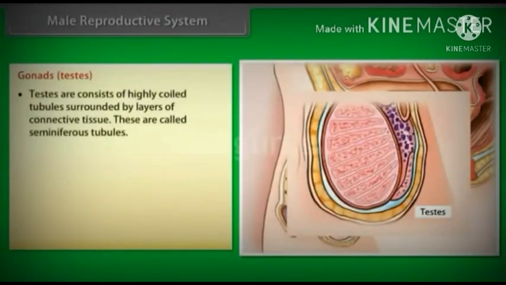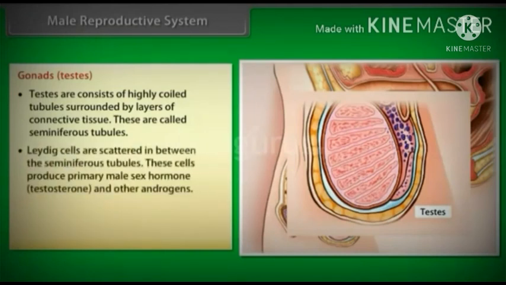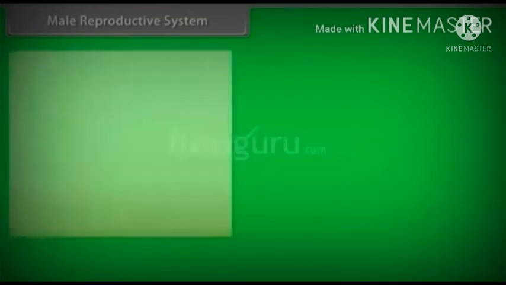Testes consist of highly coiled tubules surrounded by a layer of connective tissue. These are called seminiferous tubules. Leydig cells are scattered in between the seminiferous tubules. These cells produce the primary male sex hormone called testosterone and other androgens. Sperms are produced in the seminiferous tubules.